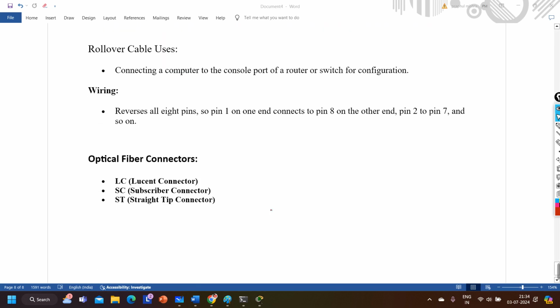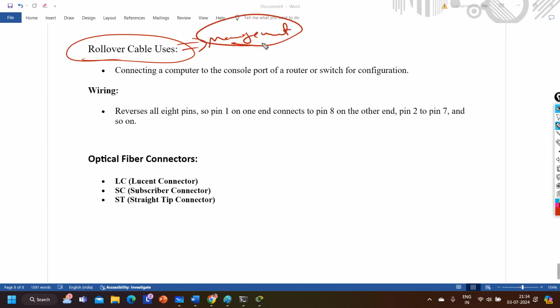Right. Then guys, rollover cable. Rollover cable is used for management purpose. Management purpose means to access the device, like a router. How will you access the router? Through rollover cable. Connecting a computer to the console port of a router or switch for configuration.